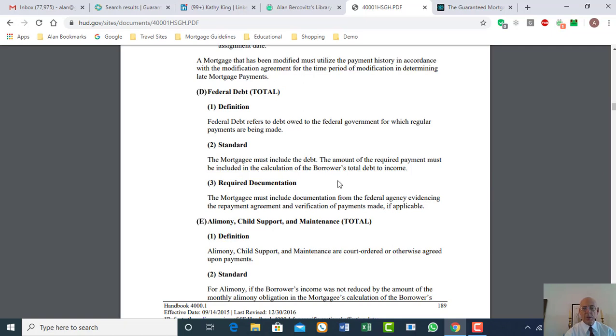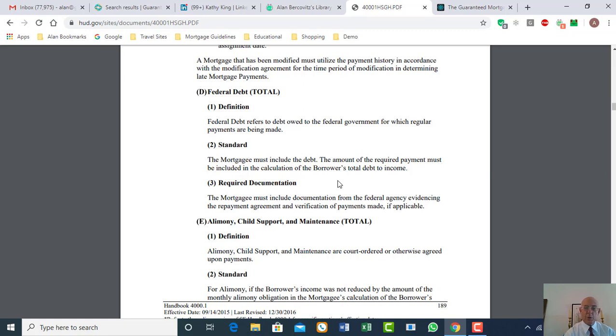So the feedback that we've gotten from several DE and HOC underwriters is that this clause here overrides the clause in the cosign debts allowing the debt to be excluded if 12 payments have been made.